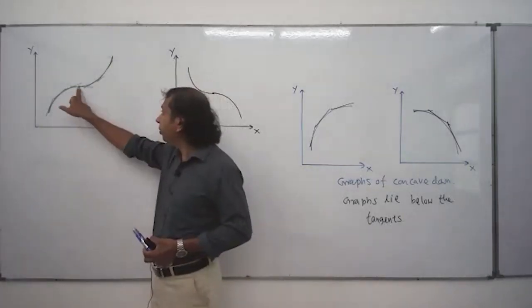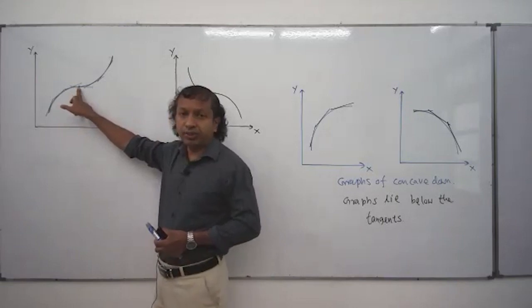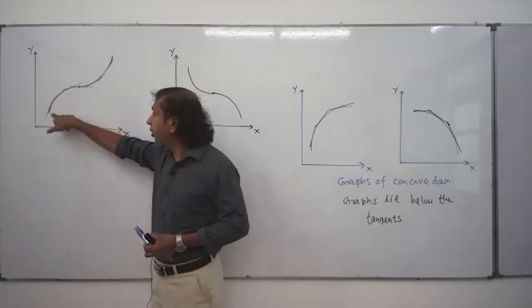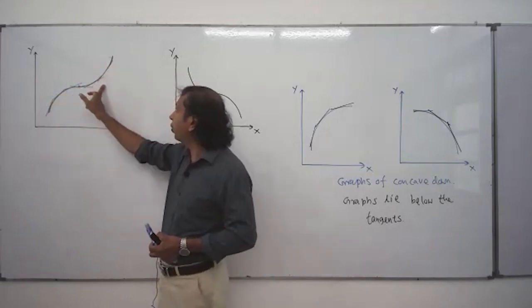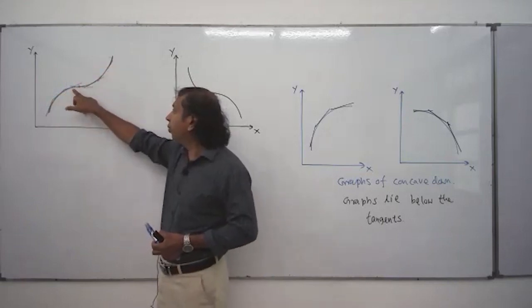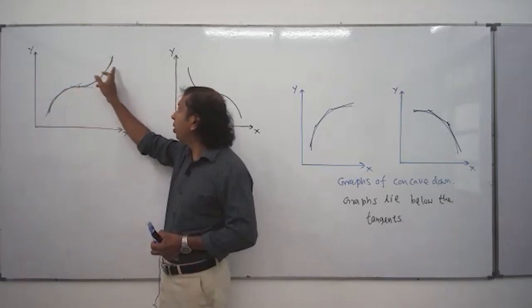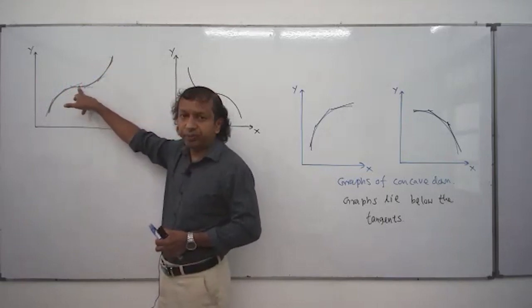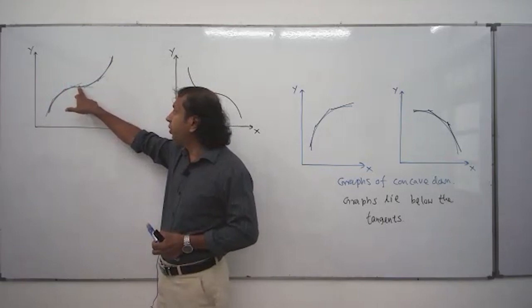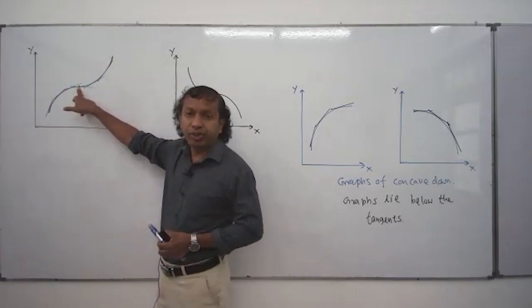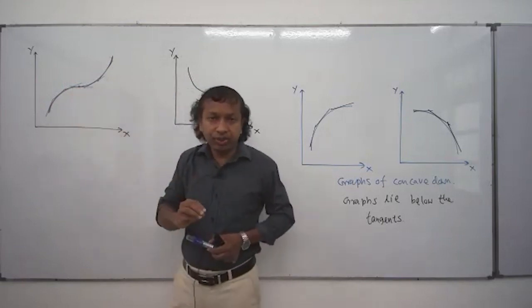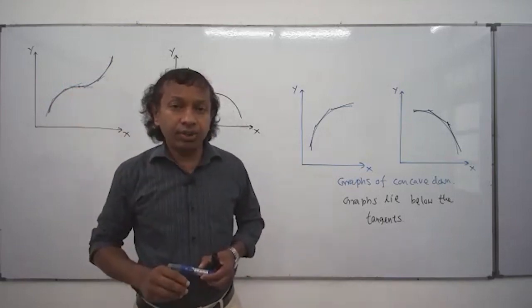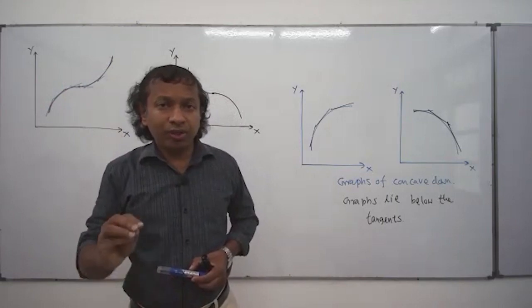The concave down graph changes to a concave up graph at this point. That is why this point is called a point of inflection. So this point is a point of inflection as well as a stationary point. Stationary point means dy by dx is 0.